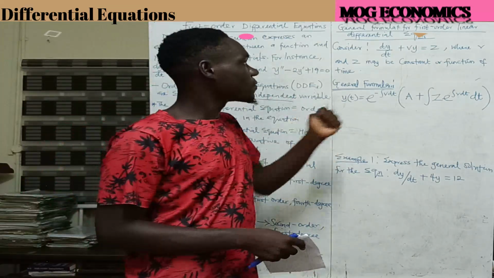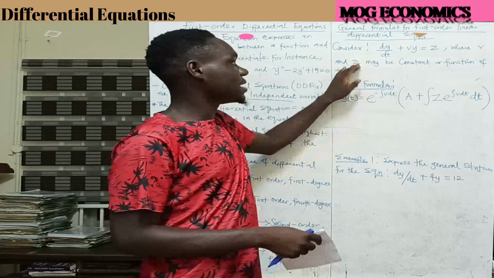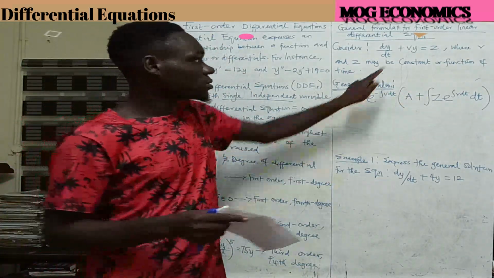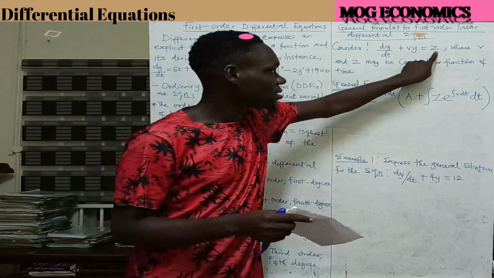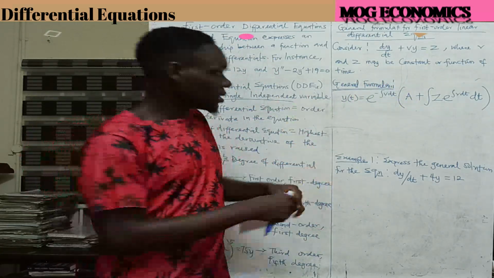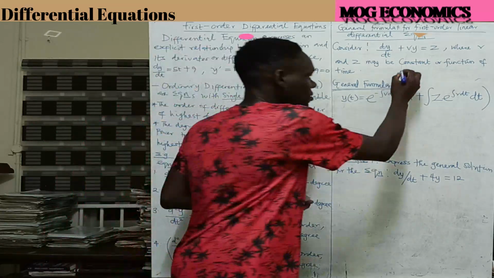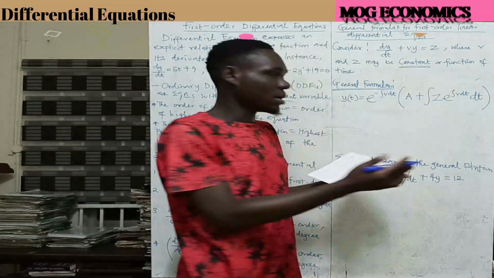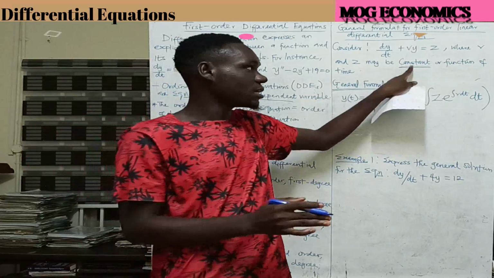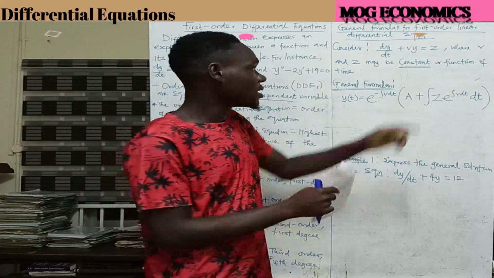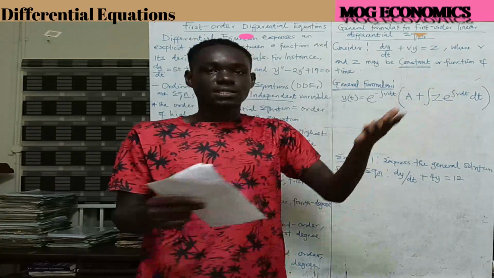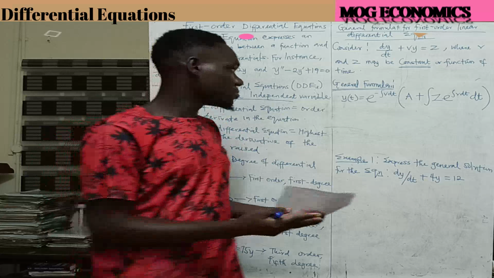So here, v and z will be constant or function of time. Now this v and z, they may be constant. I believe at this level you know what those terms mean. A constant doesn't change, and it could be a function of time, like either v or z will be a function of time, depending on time.